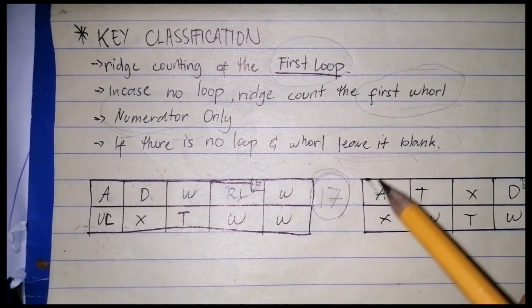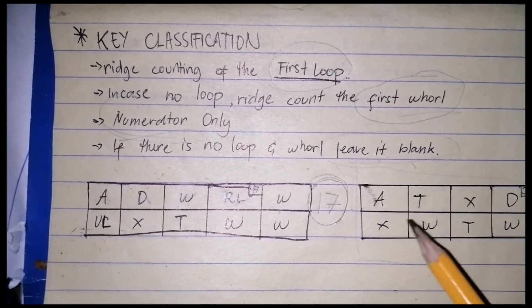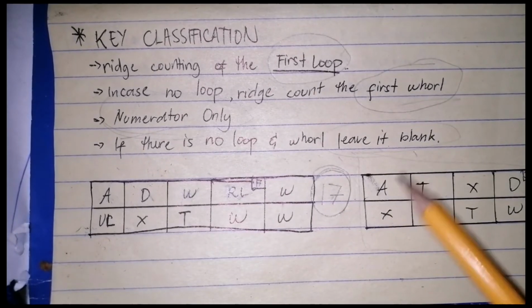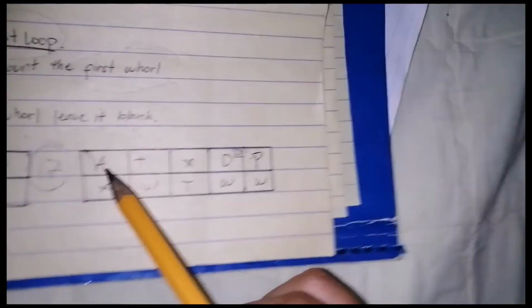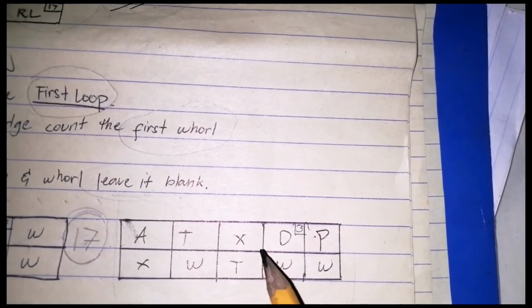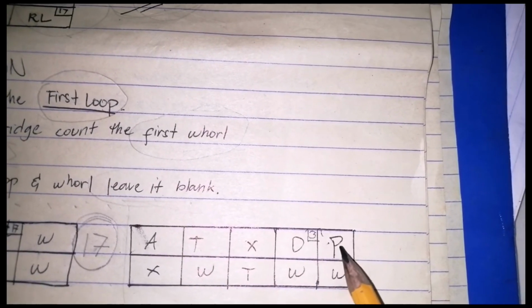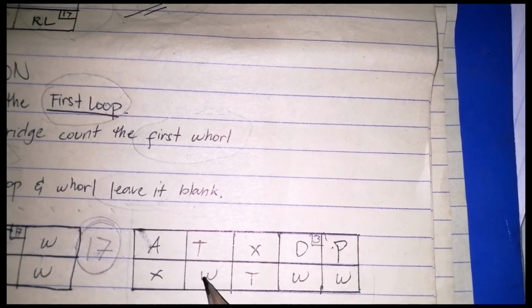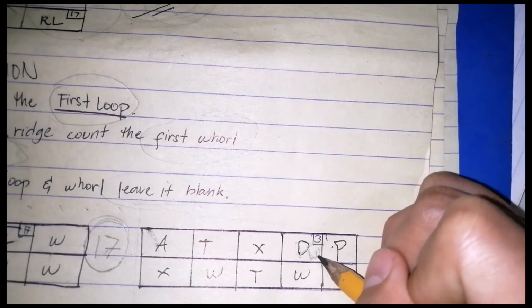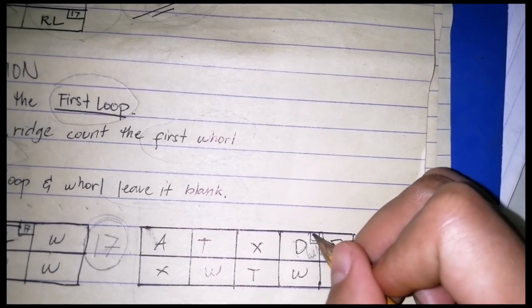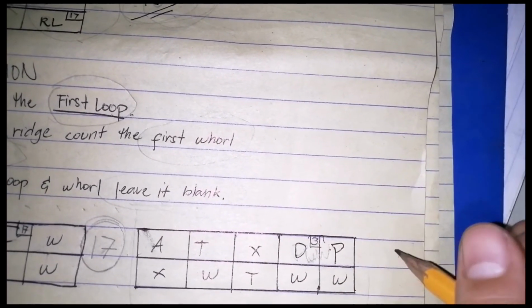We will proceed to the next example. If we can't find a loop, we will proceed to finding a whirl. Arc, tented arc, loop, double loop whirl, plain arc. We saw first the double loop whirl, which consists of 3 ridge counts. So the answer is 3.